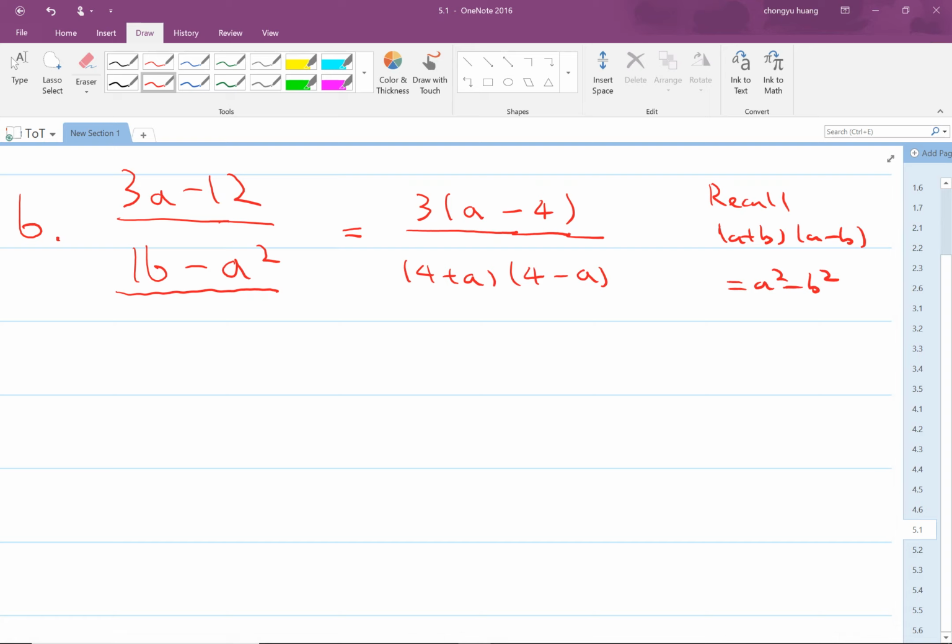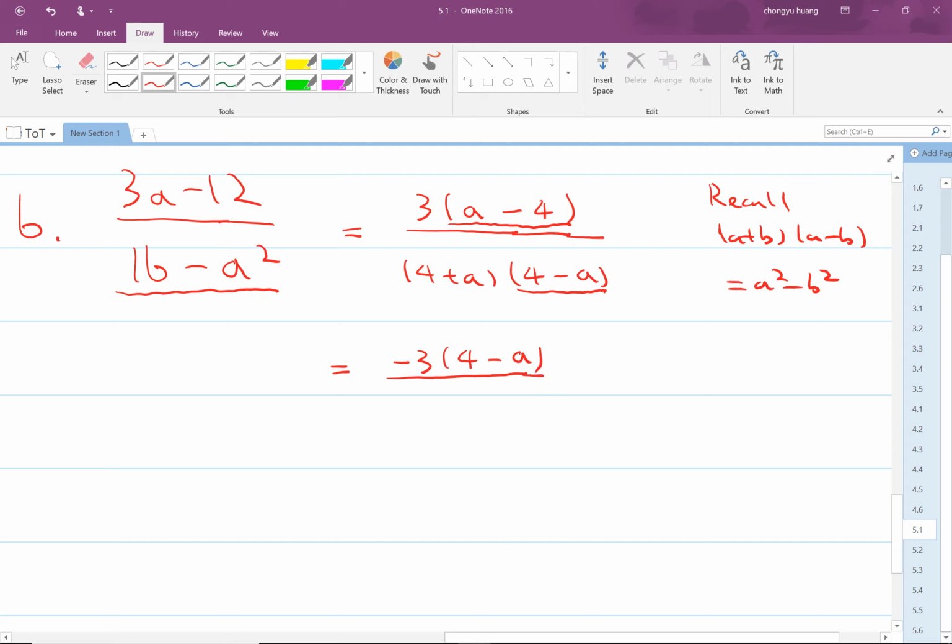Now what we have over here is a minus 4, but at the denominator we have 4 minus a. So in order to do this, you put a negative outside the 3 and then you make it become 4 minus a.